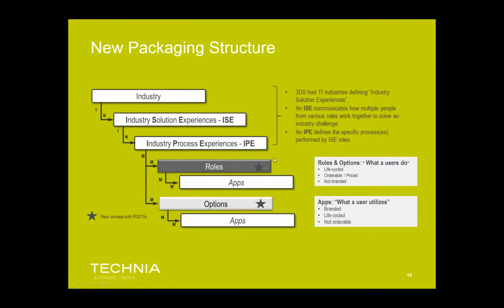You buy the product architect or the product designer or the project manager role, and then you will get access to a set of apps that are your well-known centrals or parts of the centrals, really the groups of functionalities that you need to perform your daily work. And all these are part of, in the end, the industry solution experiences that really solve specific issues for a specific industry.